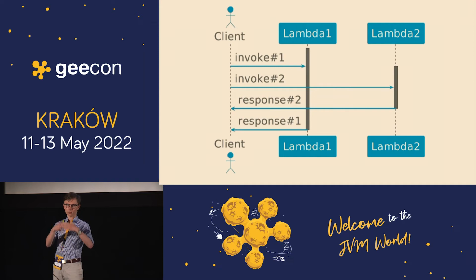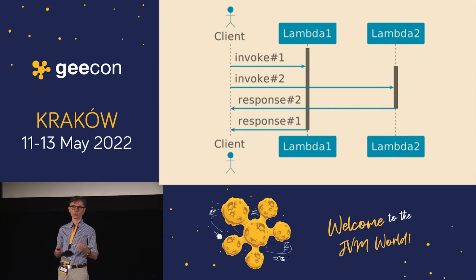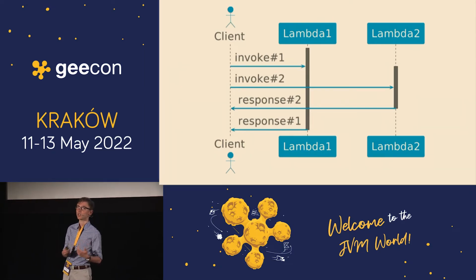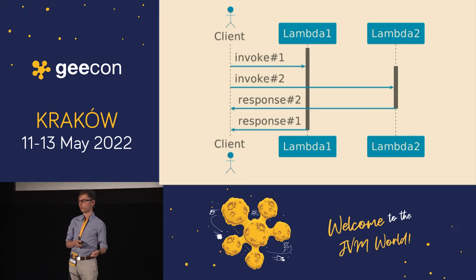But if you have concurrent requests that need to be handled, Lambda will create multiple containers. And Lambda will try to reuse an existing container that doesn't do anything, but you don't have any guarantees how long it will actually be quote-unquote alive before being recycled.